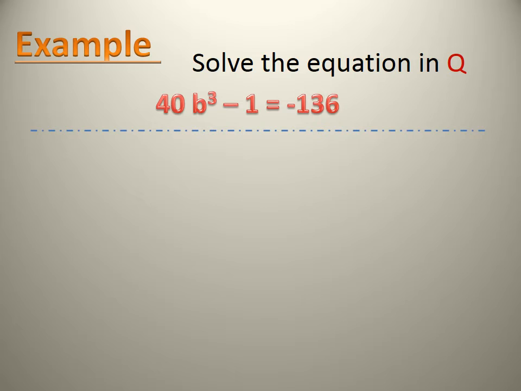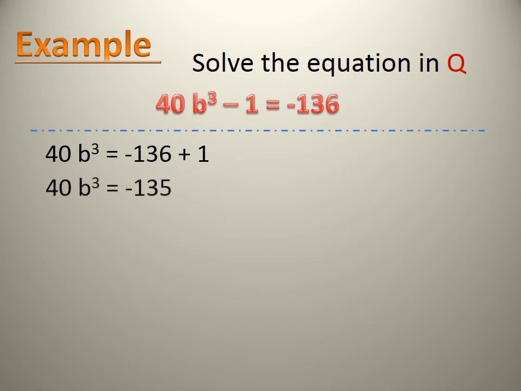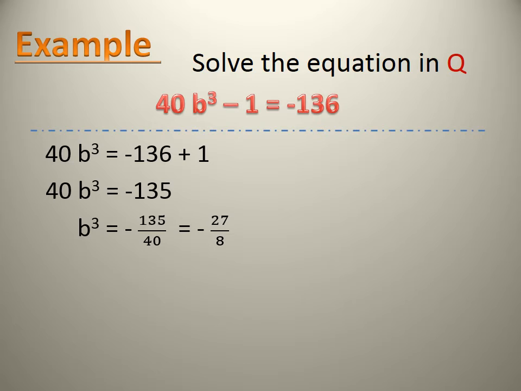Okay, solve the equation in Q. Q means rational numbers. 40b cubed minus 1 equals negative 136. On the left hand side we have 40b cubed and on the right hand side we have negative 136.